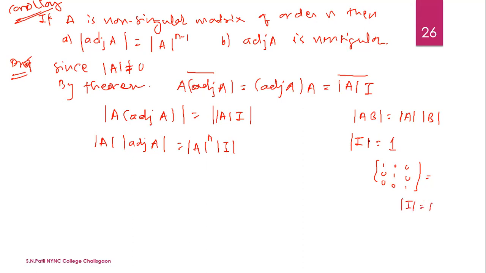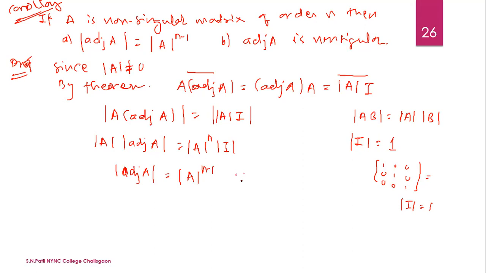In general, for an n by n identity matrix, the determinant is 1. Here, determinant of adjoint of A. Now simplify determinant of A and determinant of A raised to n. It can be written, after this simplification, as determinant of A raised to n minus 1.